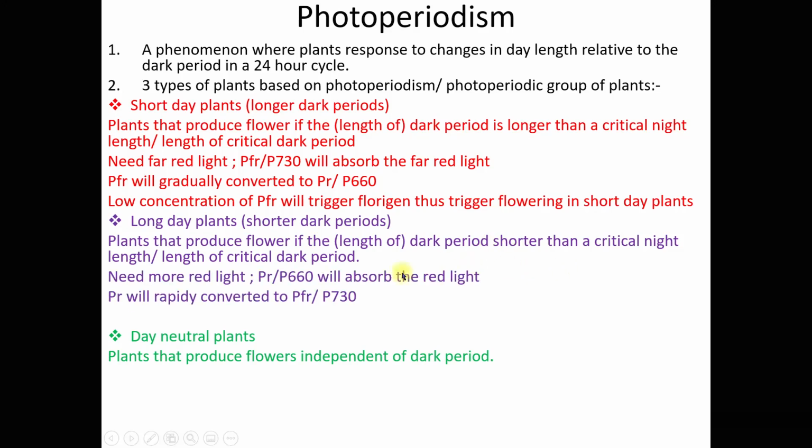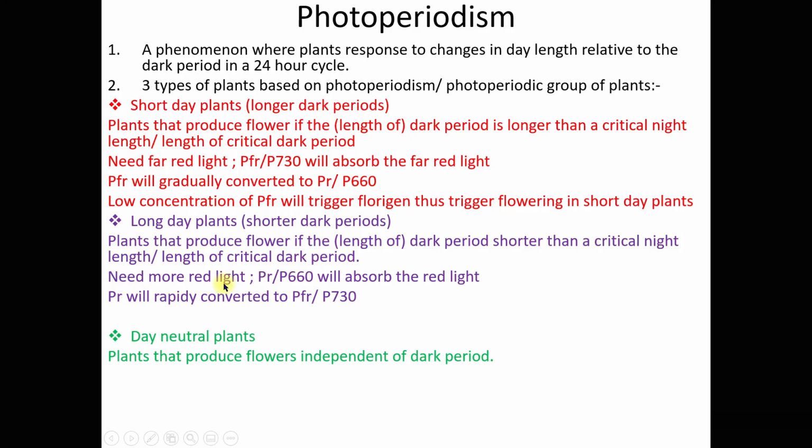So long day plants need more red light, and this red light is available abundantly during the daytime. So long day plants need more red light.